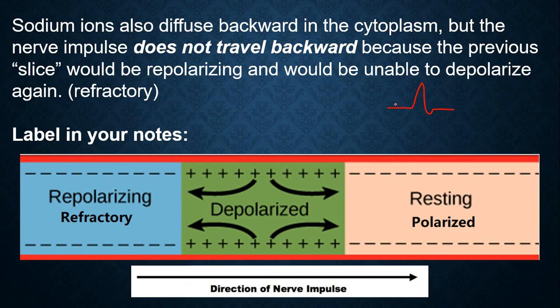We know the different sections: resting, depolarization, repolarization, hyperpolarization, back to resting. Hopefully at this point you guys know what's going on in each one of those parts of the graph. Okay? So you know that when a section of the neuron is depolarizing, that's when our sodium is rushing in.